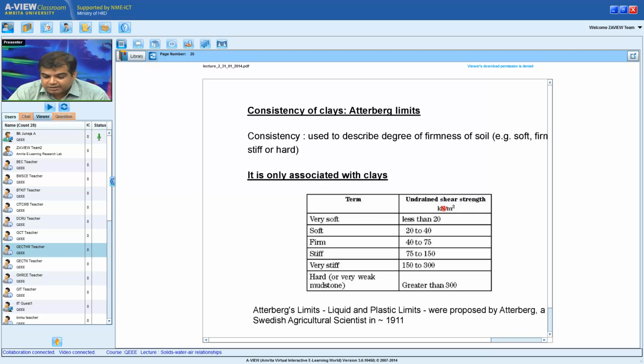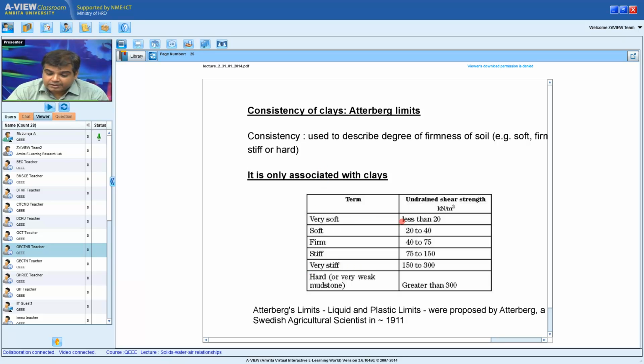We're going to look at undrained shear strength much later, if given a chance, but shear strength is the strength of the soil. And the left hand side is the consistency, meaning how you define or identify the range of shear strength. So when Atterberg came out with this idea of laying down the strength of soil in terms of consistency, this table was probably a development of his work.